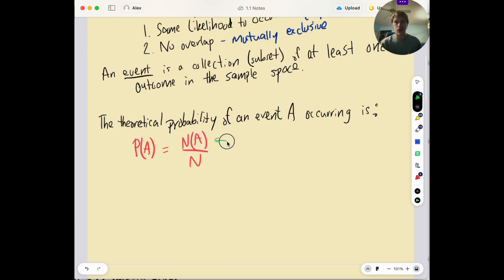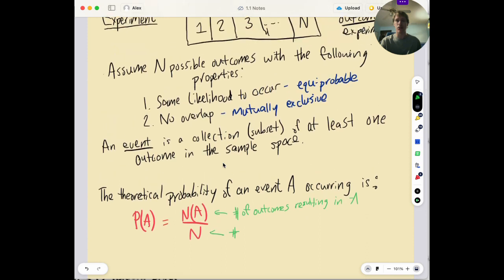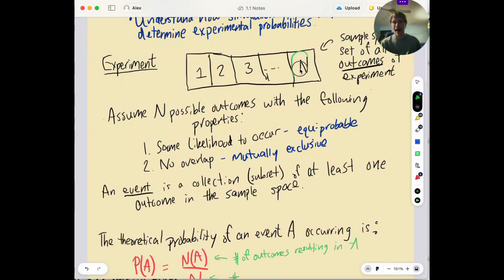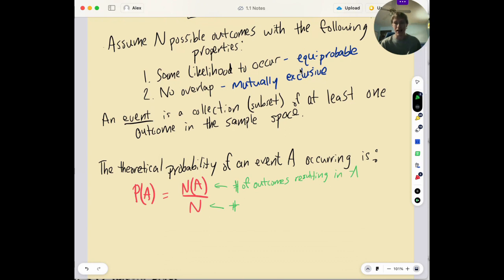That notation N of A refers to the number of outcomes that result in A occurring. And this bottom number without the A does not depend on any events. This is exactly as we defined it up here, the same N, and it is the number of total outcomes in the sample space.